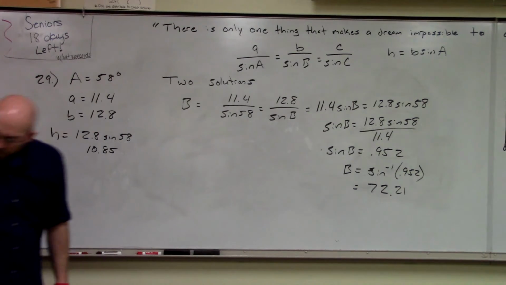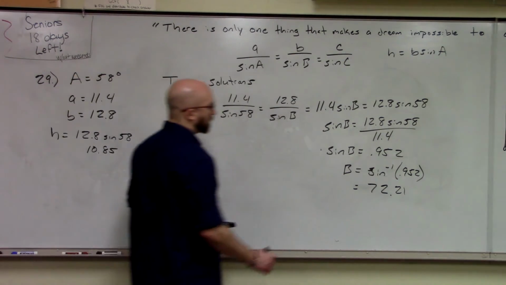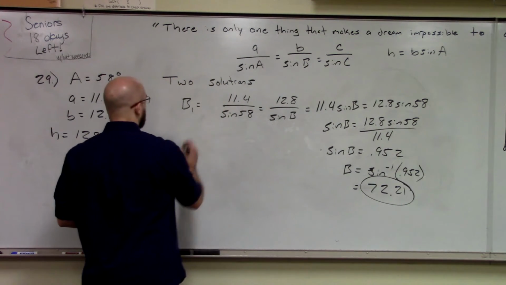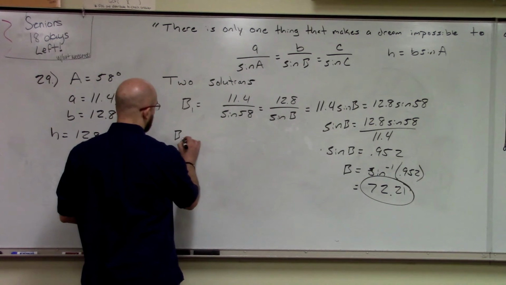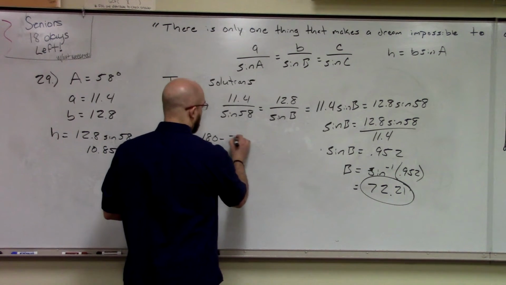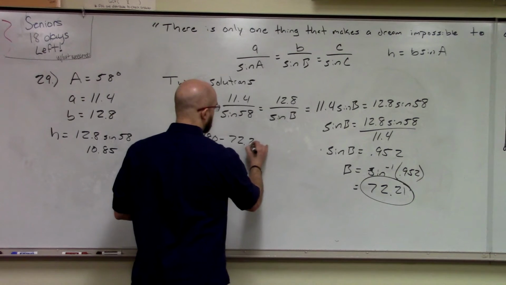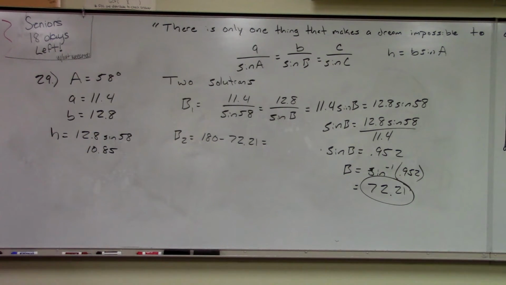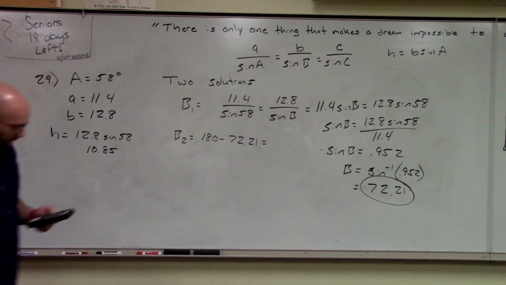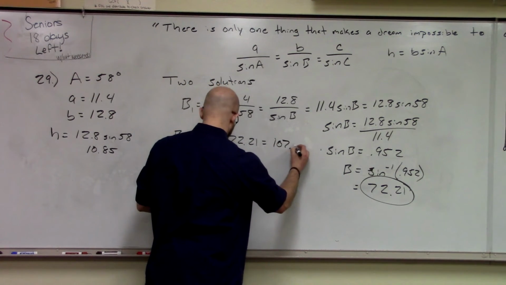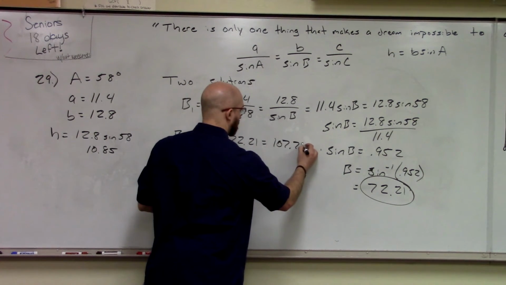Alright, so if we do that, again, one solution. So I'm going to call that B1, B2. That equals 180 minus 72.21. And that's going to equal 107.79.